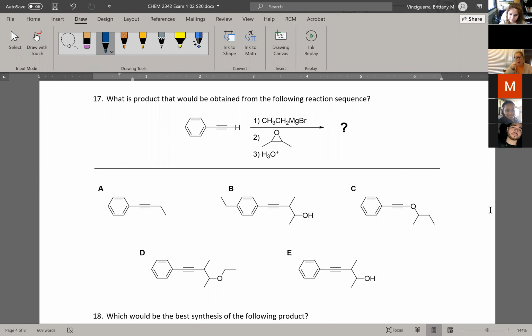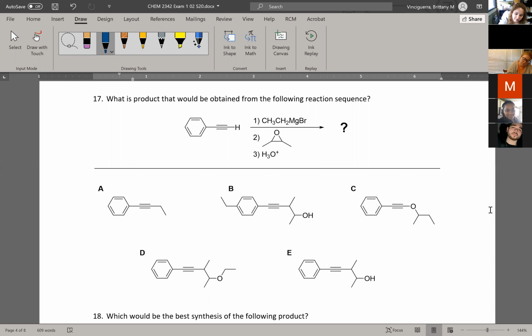The Grignard is going to want to attach to, or the hydrogen is going to give the proton or the electrons to the alkyne. Is that what it's called?